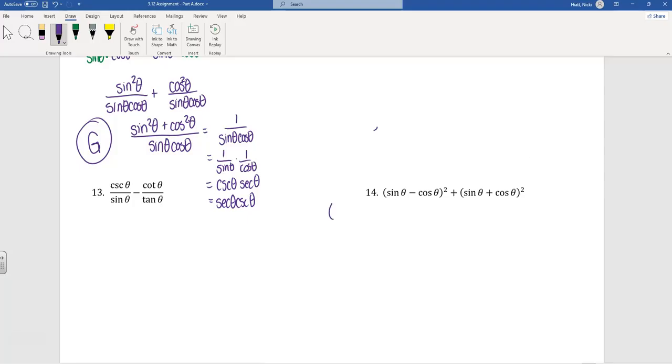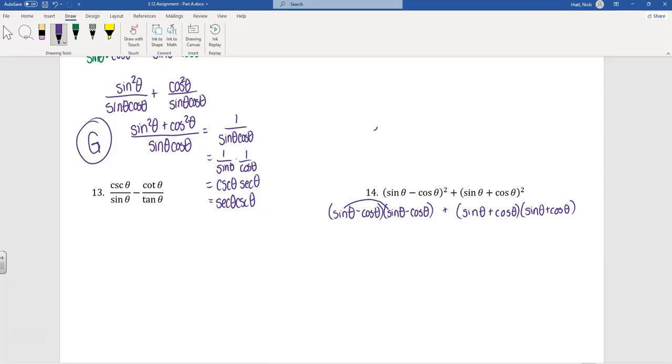This is sine theta minus cosine theta times sine theta minus cosine theta, when I see that squared, right? And then I've got sine theta plus cosine theta times sine theta plus cosine theta. And I have to distribute here, right?